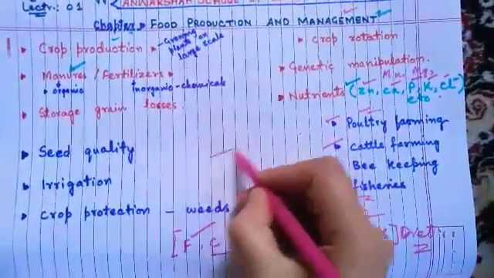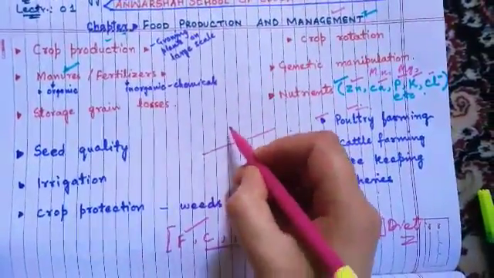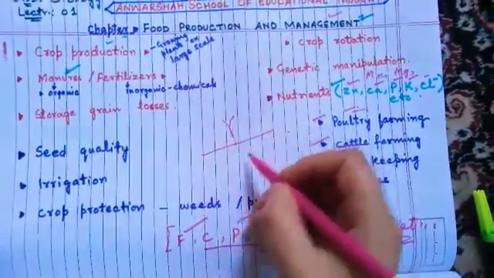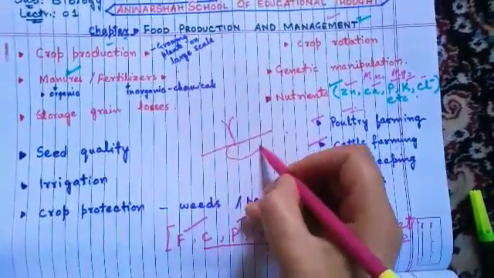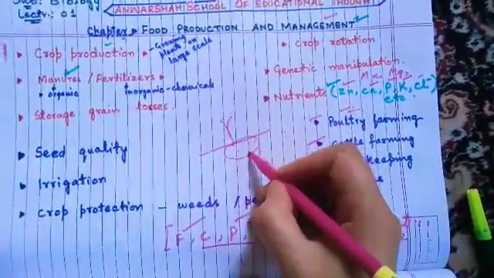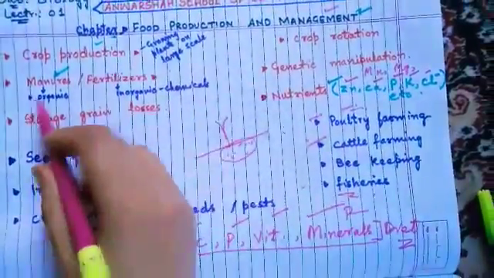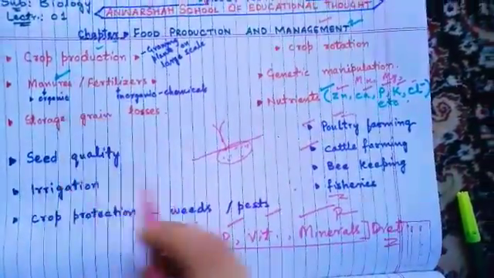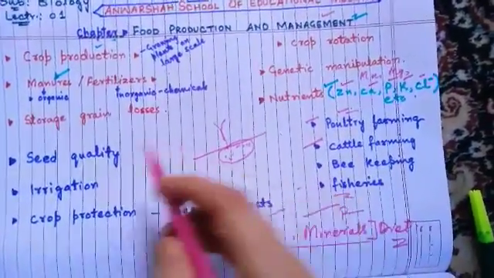But it is not always possible that if we grow a plant in this region, all these nutrients would be present in this area. So sometimes we need manures and fertilizers.